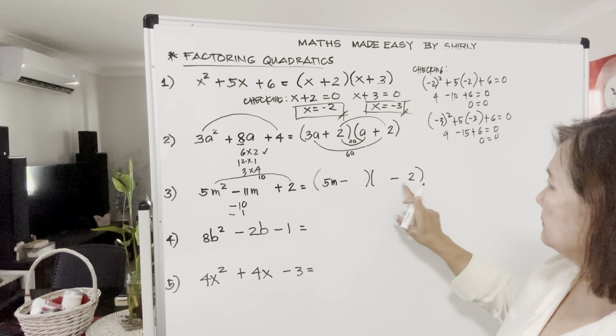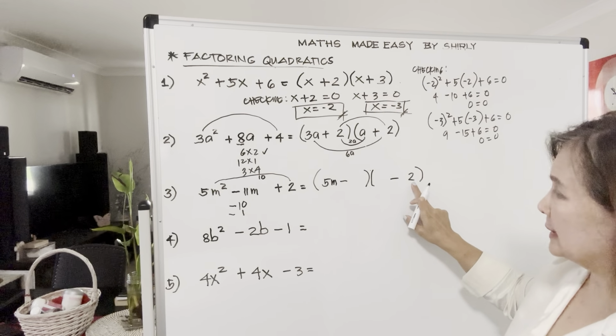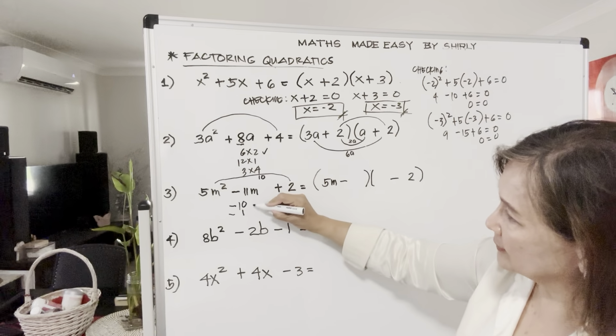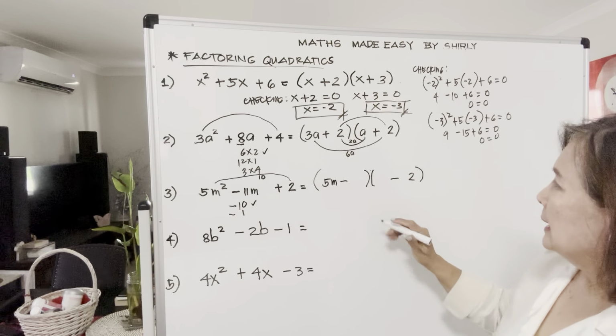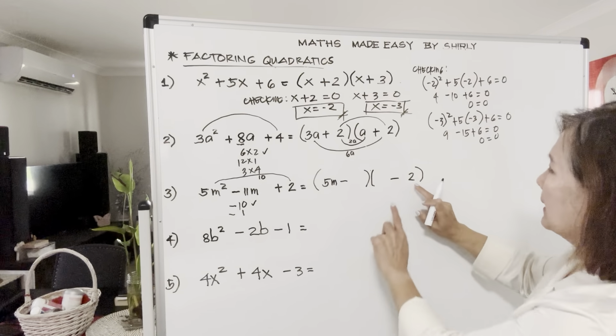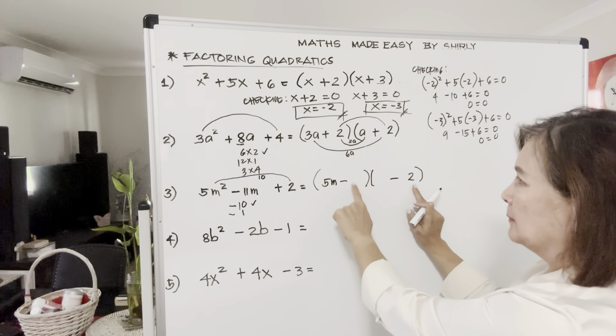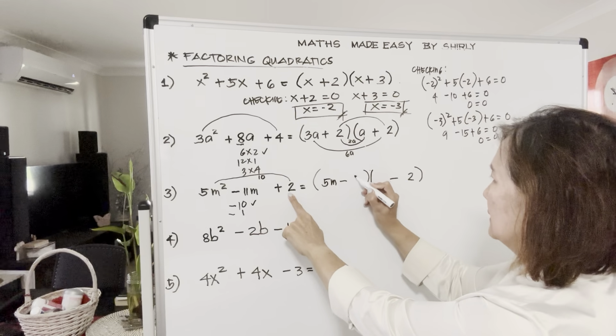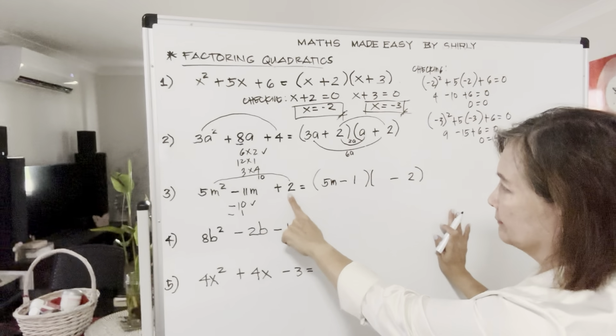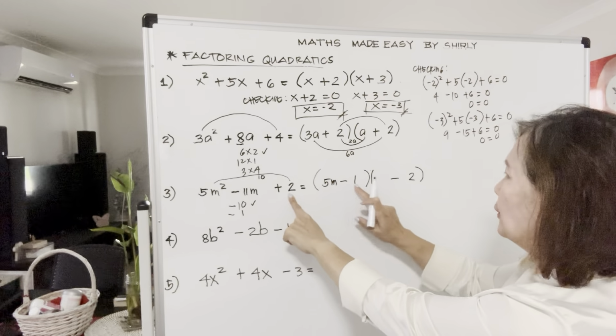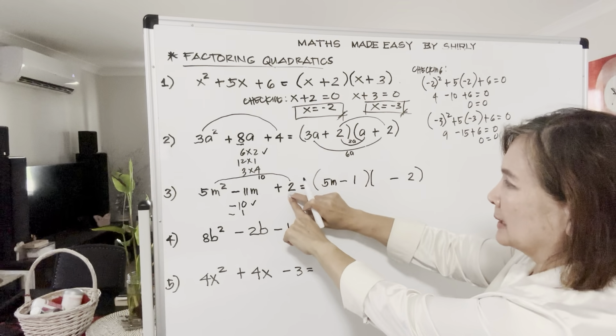So 5m times negative 2 is negative 10. Now what will you multiply to negative 2 to make it a positive 2? That is negative 1.